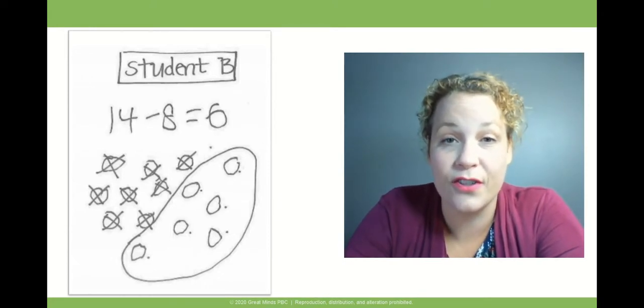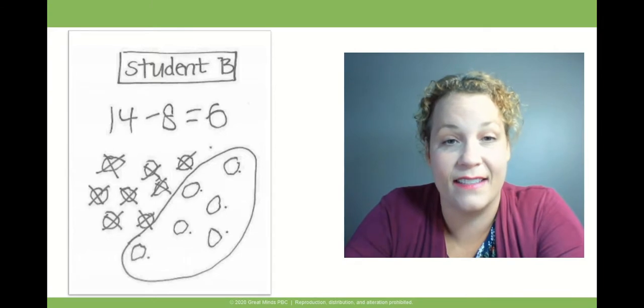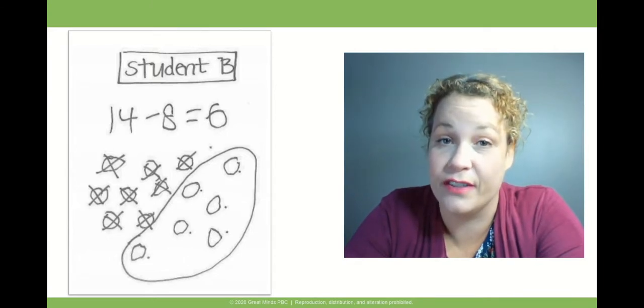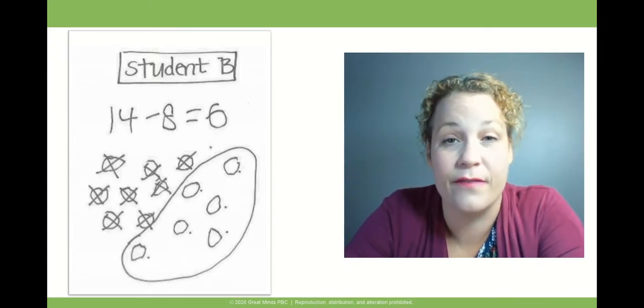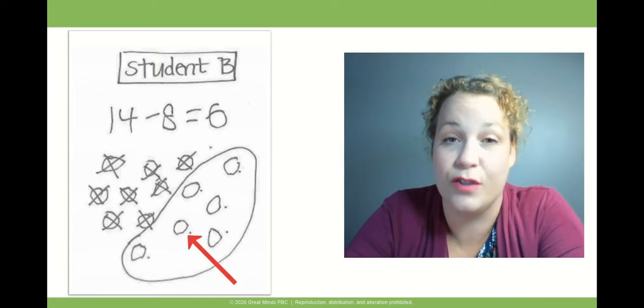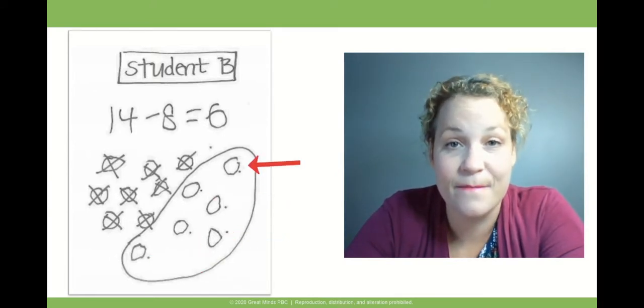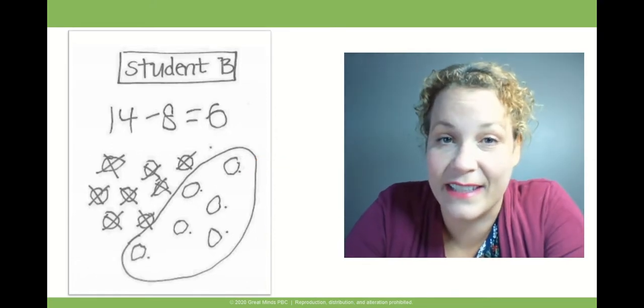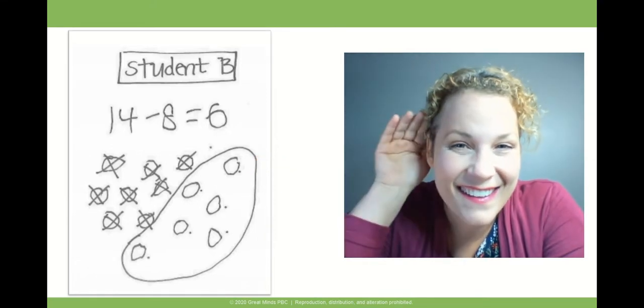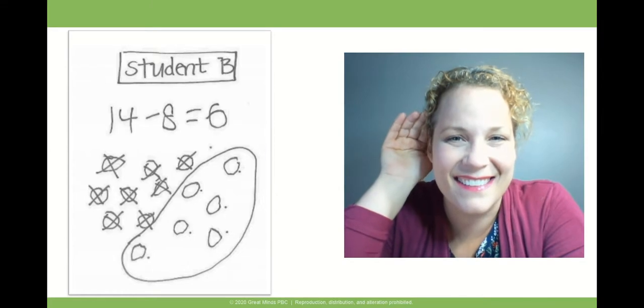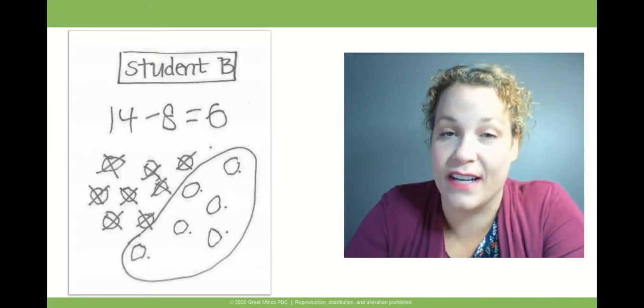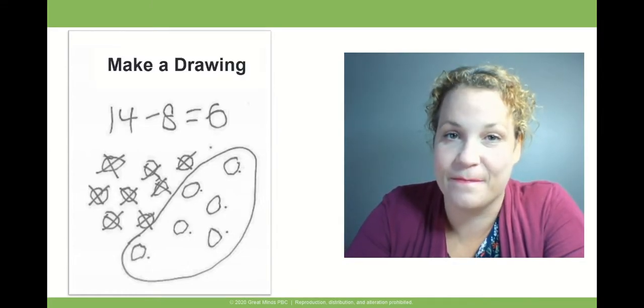They drew 14 circles and took away 8, and then circled the leftovers, and then they probably counted all of them like this: 1, 2, 3, 4, 5, 6. Is this the correct answer? Yes, it is. We'll label this strategy make a drawing.